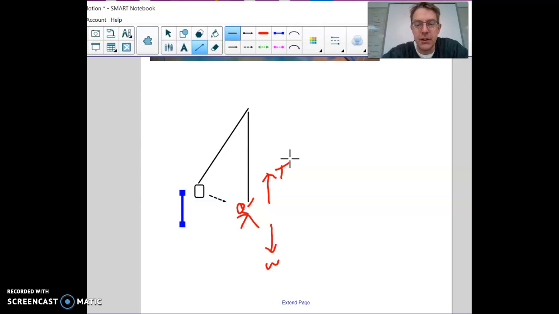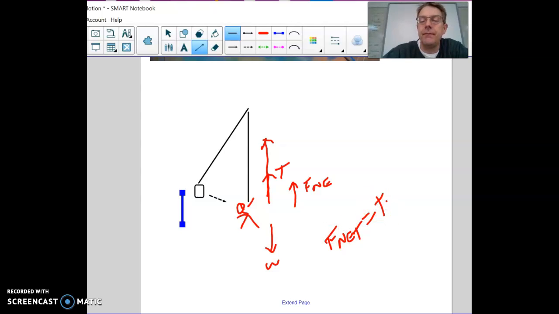That's Newton's laws of motion. But if I am swinging, that means there is a net force in this direction, and what has to be providing that is an increase in the tension of this cord. So my net force in this case is going to equal the tension minus the weight of the person.